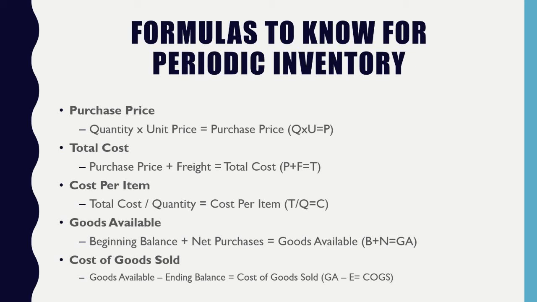And then for the goods available, which is your beginning plus your net purchases, we'll talk about this section later. This is more for the bottom portion of the periodic inventory table. And of course, the cost of goods sold is your goods available minus your ending balance.